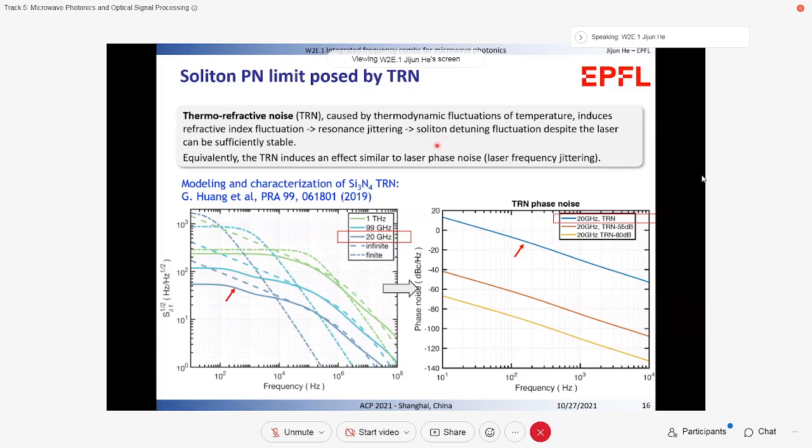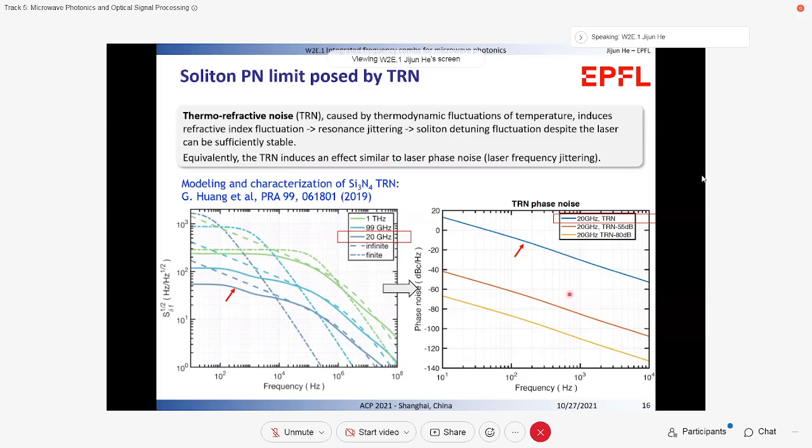In this figure, our group has both measured and theoretically simulated the TRN in silicon nitride. Details can be found in this paper. Since this TRN can influence the resonance detuning similarly to the effect of laser phase noise or laser jittering, we can calculate the TRN effect on detuning by subtracting 15.5 dB from its original value, shown as this red curve.